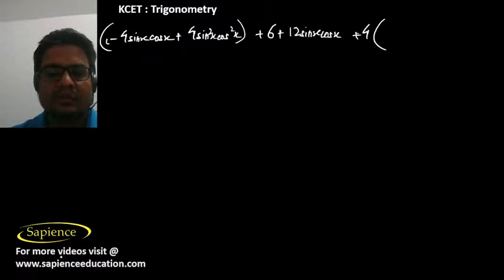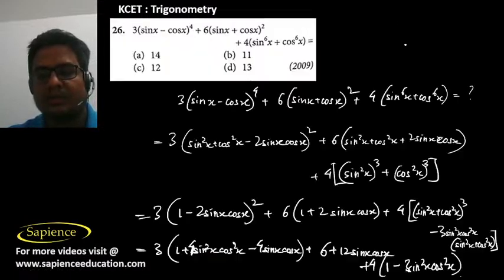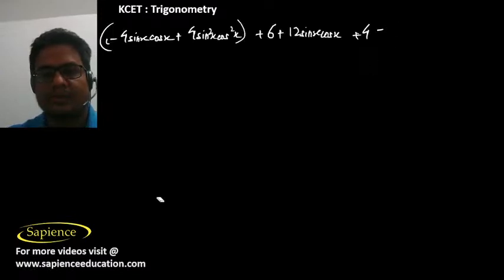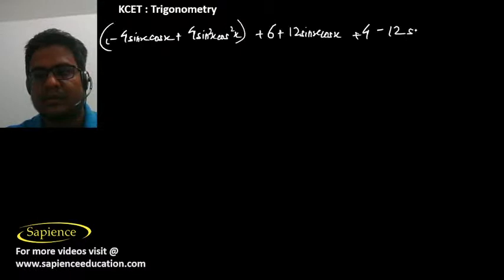So this will be 4 minus, 4 threes are 12, so this will be 12 sin square x cos square x.